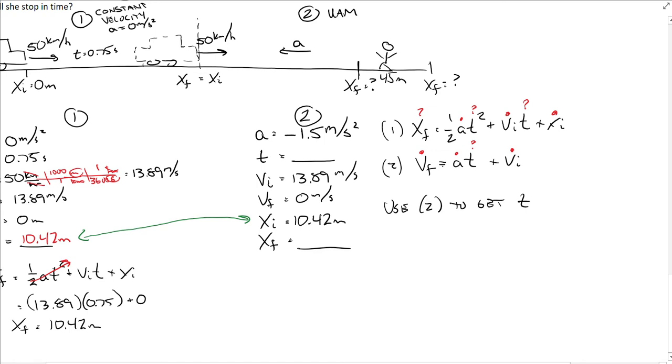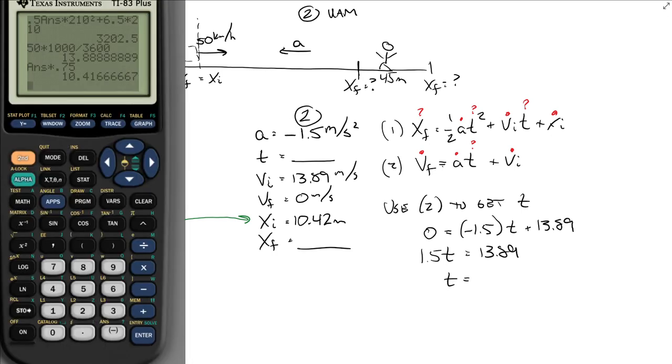So I'm going to plug in v final is 0, a is negative 1.5 times t plus my initial velocity, 13.89. Add the 1.5 t to both sides and then divide by 1.5, and I get 13.89 divided by 1.5.